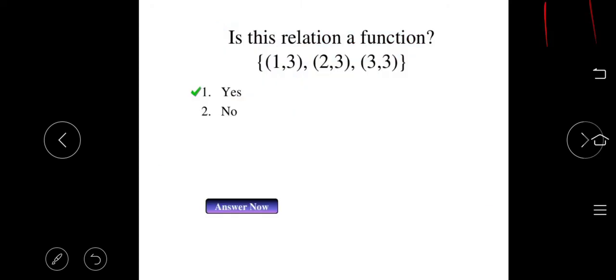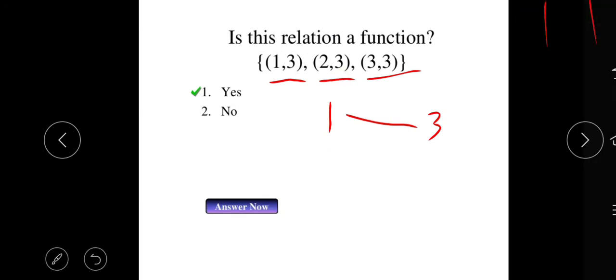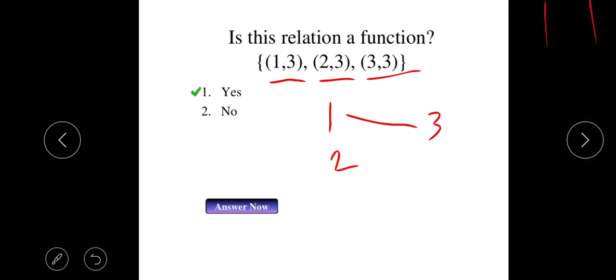Now consider the second example. Is this relation a function? You are given the set {(1, 3), (2, 3), (3, 3)}. (1, 3) means when you are inputting the value 1, you will get the output 3. (2, 3) means when you are inputting 2, the output will be the same number 3.